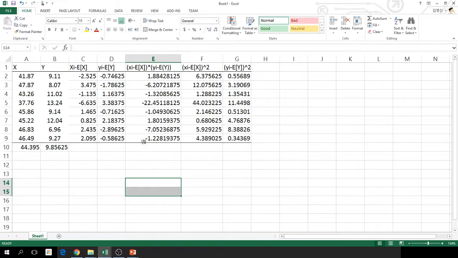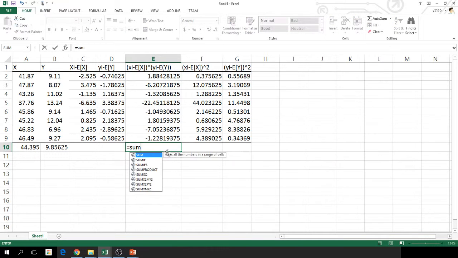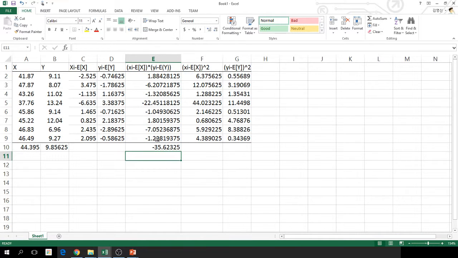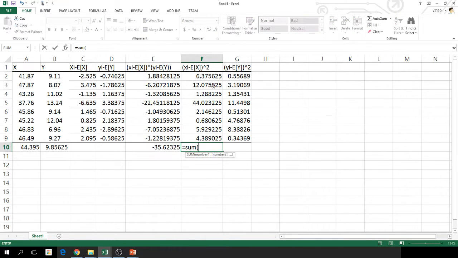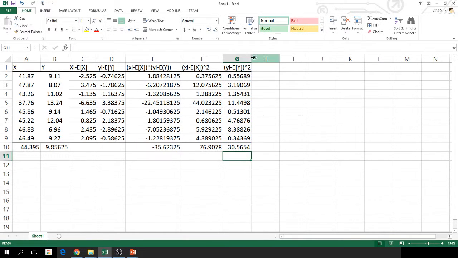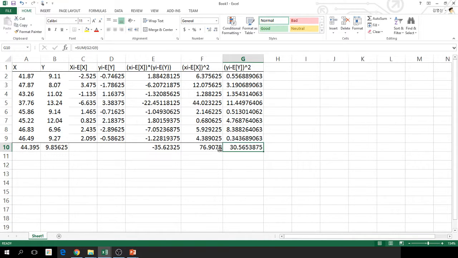Okay, and let's sum those values. Then this number will be the numerator of the correlation coefficient. And here also, sum up these values, then we have this number. And again, sum up those values, then we have this number. Okay.